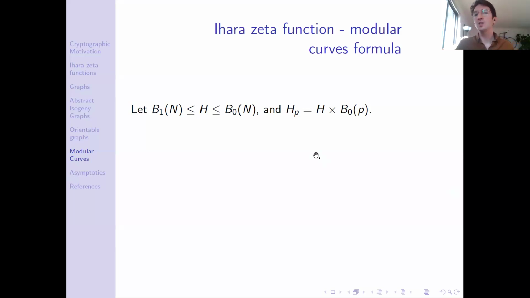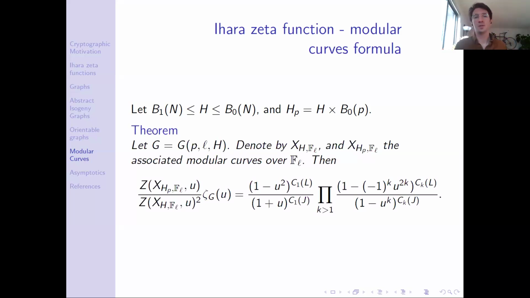And we let HP be the product of H with the subgroup that represents Borel level structure. And I'll note that this product really lives in GL2 Z mod PNZ instead of Z mod NZ, just in case you're worried about where that product is.